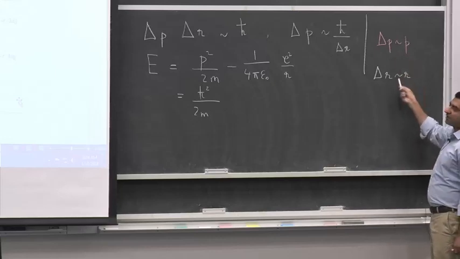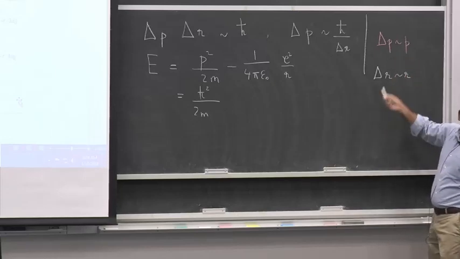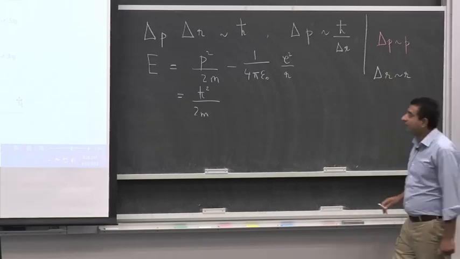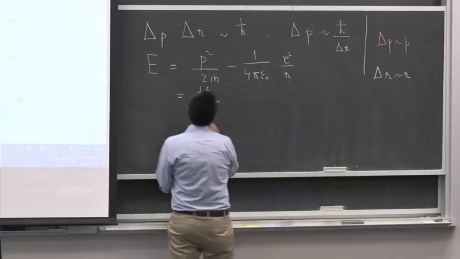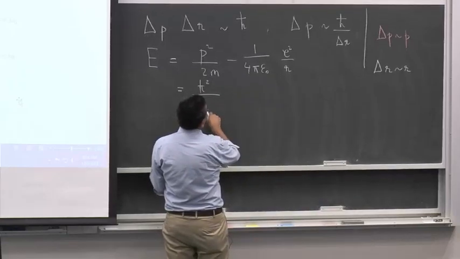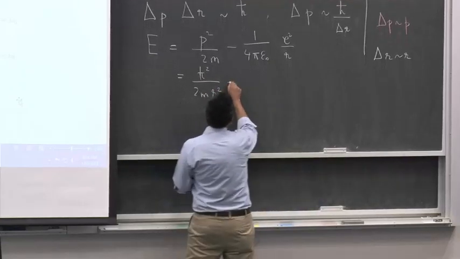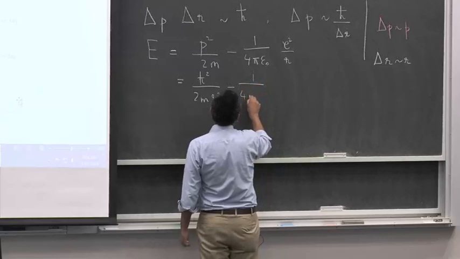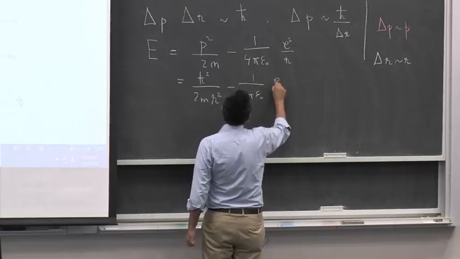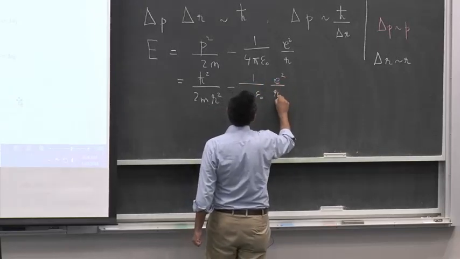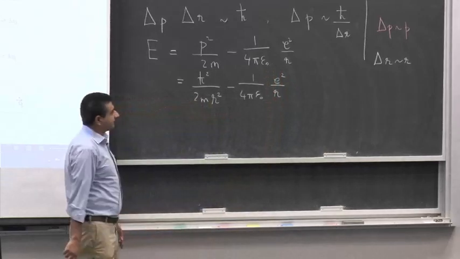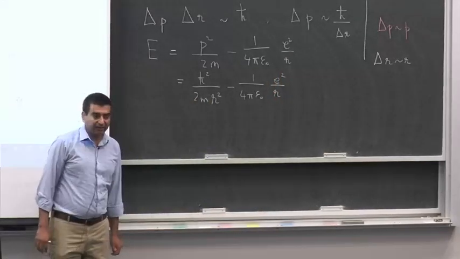Remember, I'm not putting strict equalities here because it's an order of magnitude estimate. So I'm being proper here. So h bar square over 2m R squared minus 1 over 4 pi epsilon naught e square over R. This is my estimate for the energy.